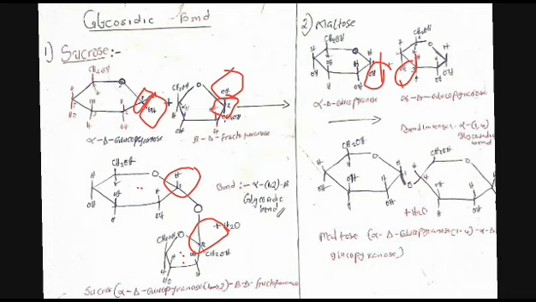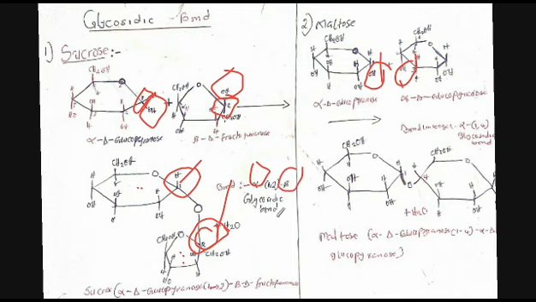The name of the bond in sucrose is alpha-1,2. As you can see, this is carbon number 1, this is carbon number 2. Alpha, because this carbon number 1 is facing down, and this carbon number 2, the second anomeric carbon, is facing up, so this is a beta glycosidic bond.